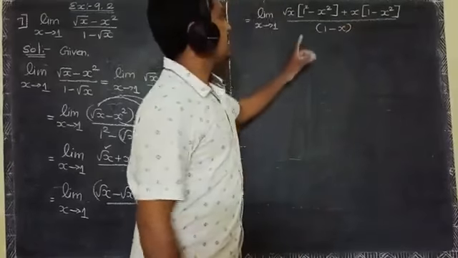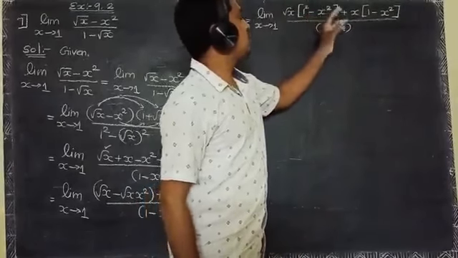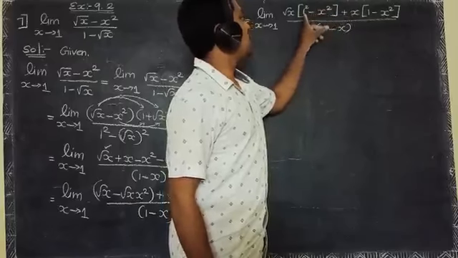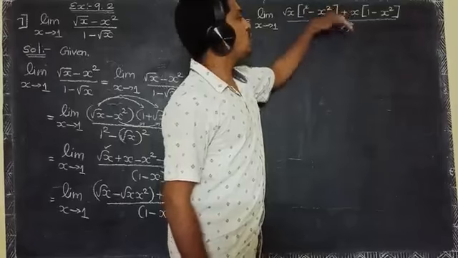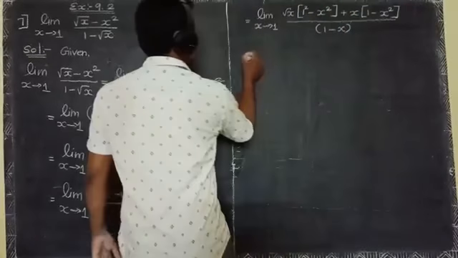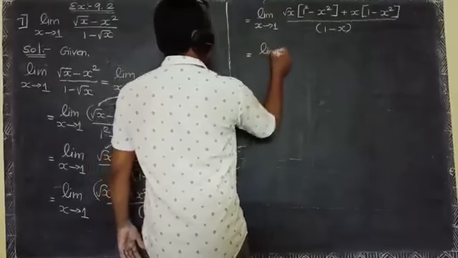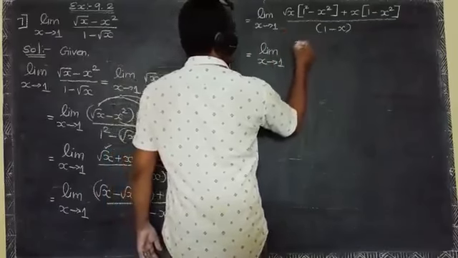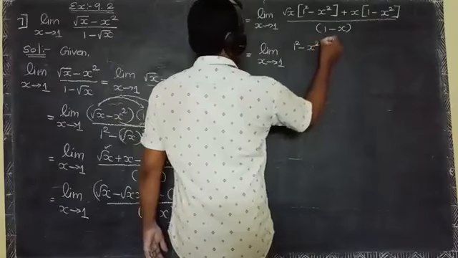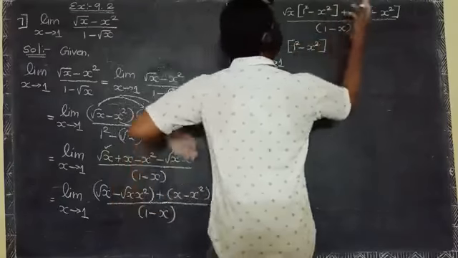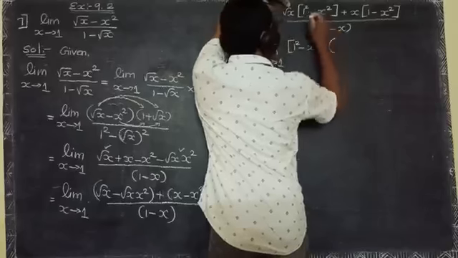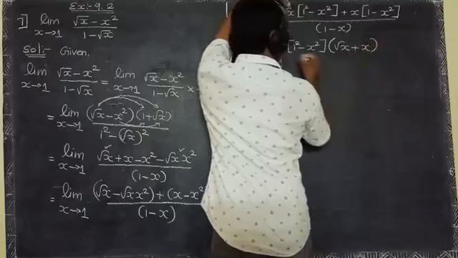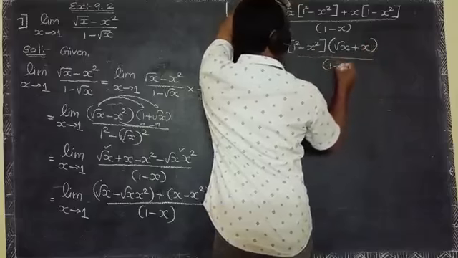In the numerator we have the common factor 1 square minus x square. Take it outside both terms, then the remaining is root x plus x, divided by 1 minus x.